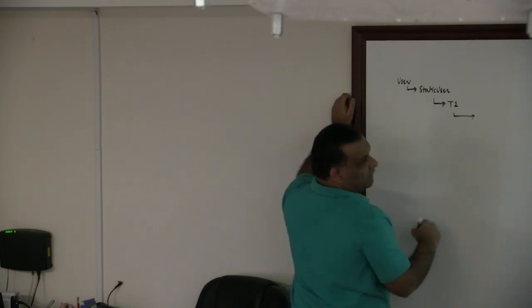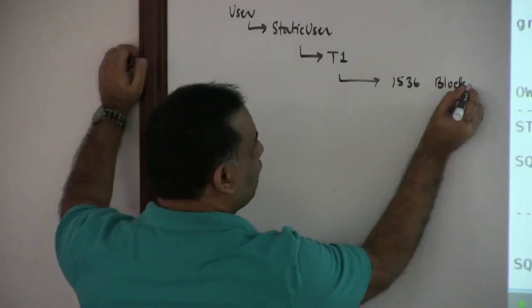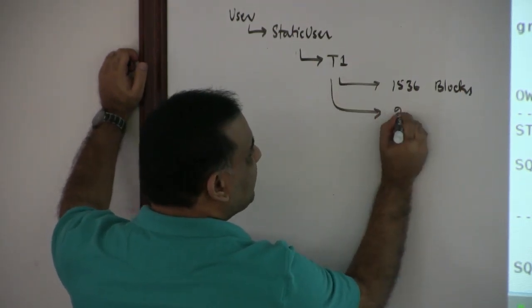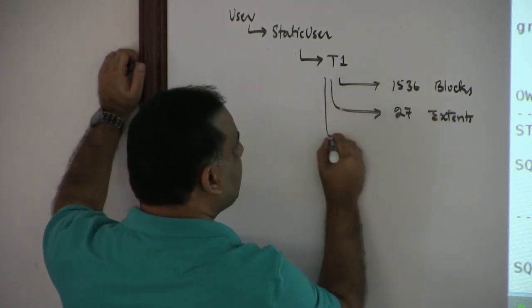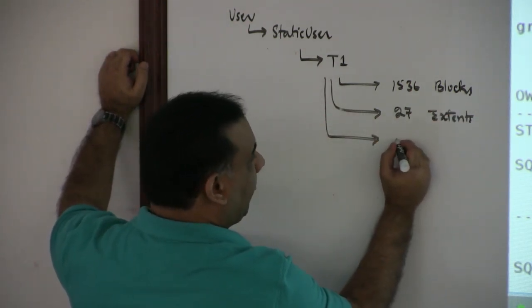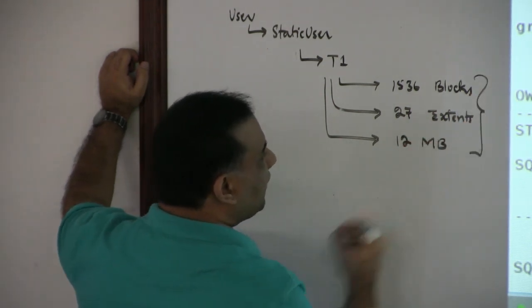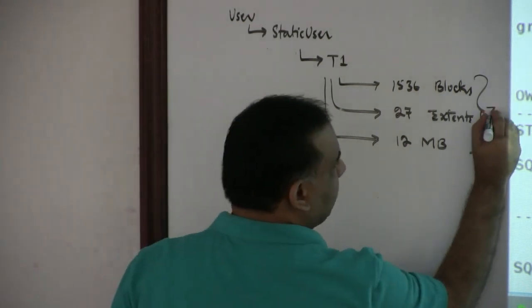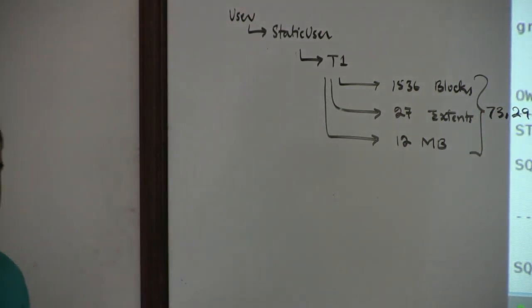T1 has 1536 blocks, 27 extents, and total size of this particular segment is 12 megabytes. Now this is all for how many rows? 73,298. Do you all agree? Yes. Okay. All right. So this is the default one.